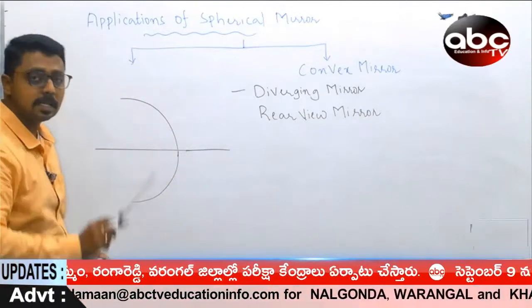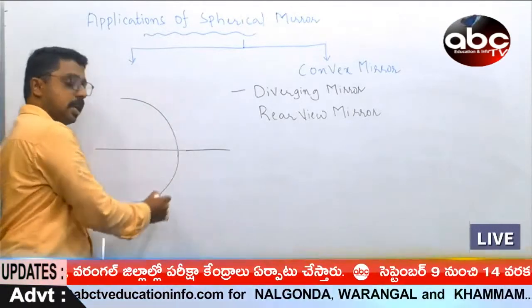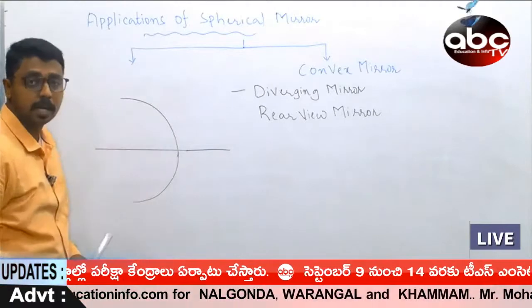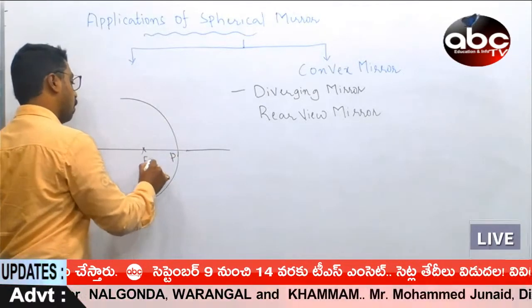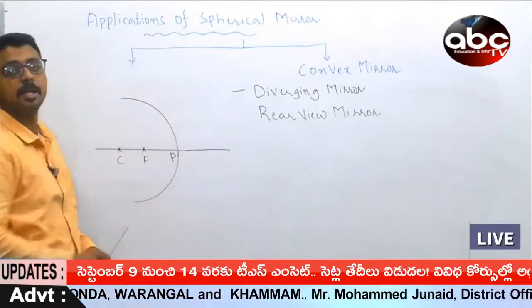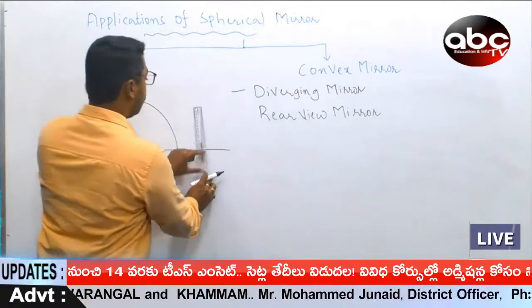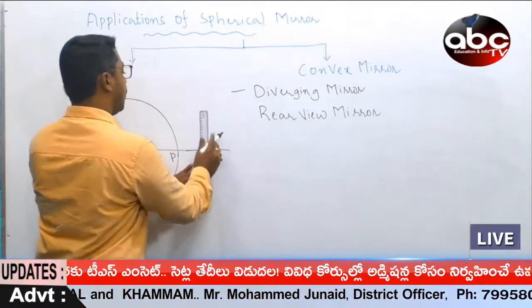Let us suppose this could be an active side, this could be an inactive side, and let us take pole, focus, center of curvature, and an object placed here at a finite distance.